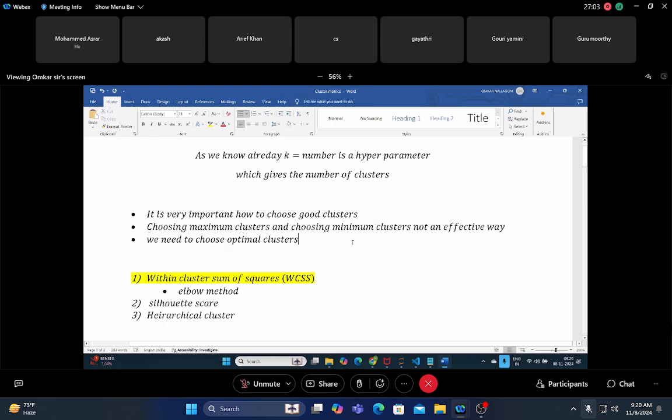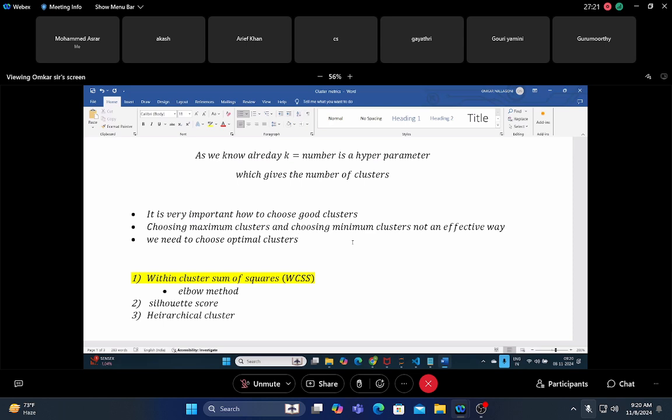There are two things. One is how many clusters, and the second is whether the chosen cluster is a good cluster or not. So here we are concentrating on how many clusters we need to choose.